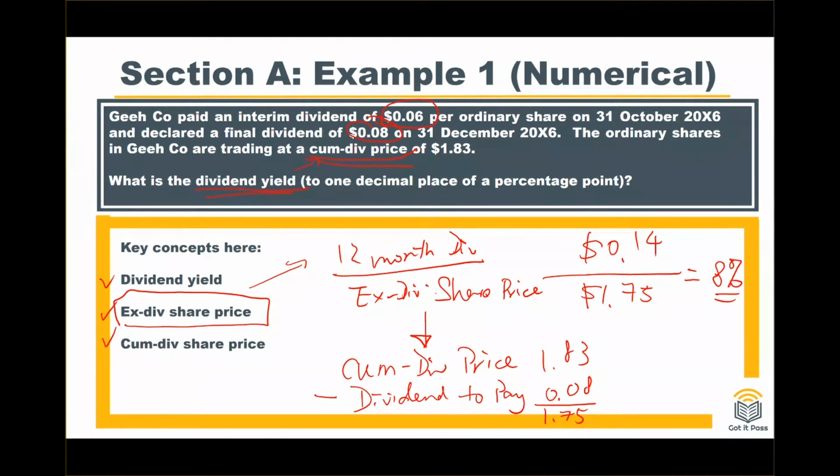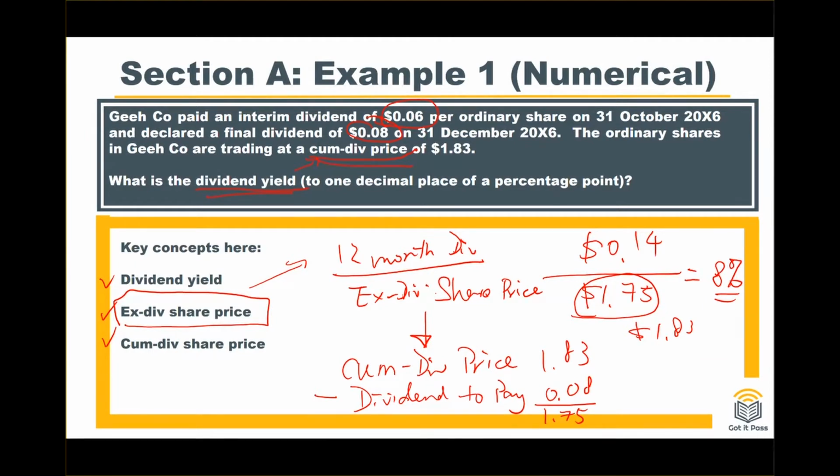For this question, the examiner comment is that some students don't know what the cum dividend price is, so they put $1.83 instead of $1.75 in the calculation, and they get the wrong answer. So the question is asking about a definition that you know and how to apply this knowledge in your calculation.